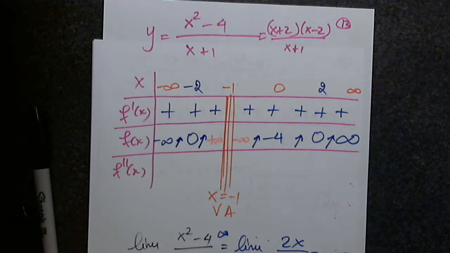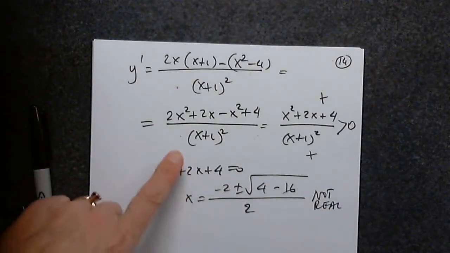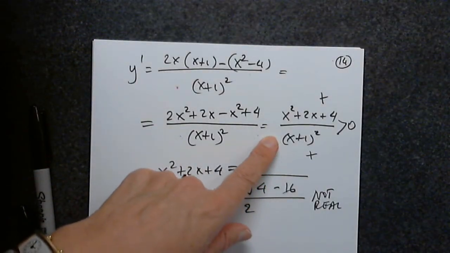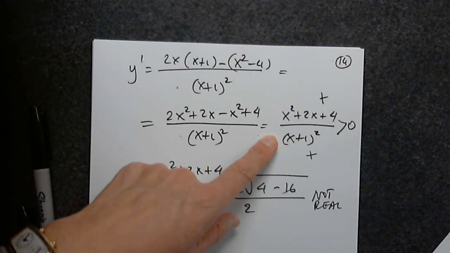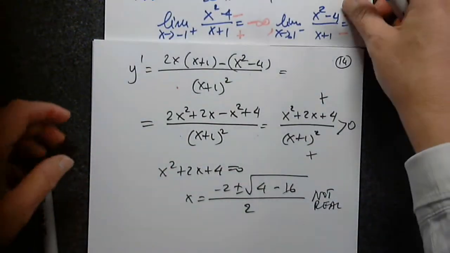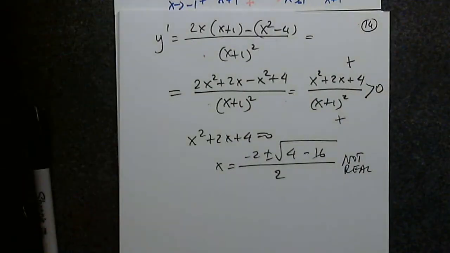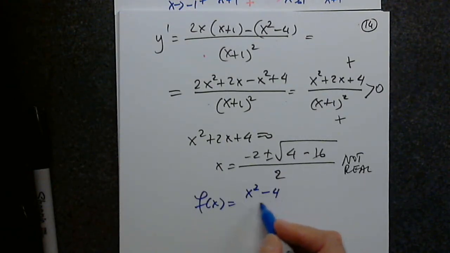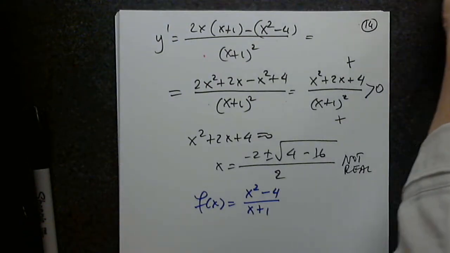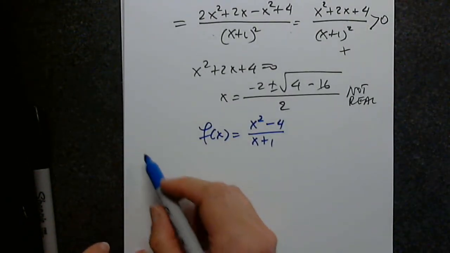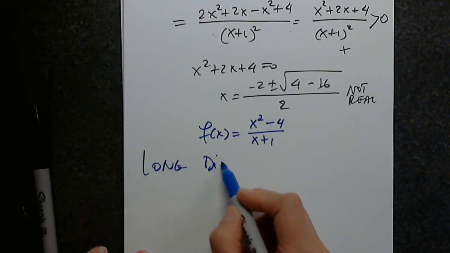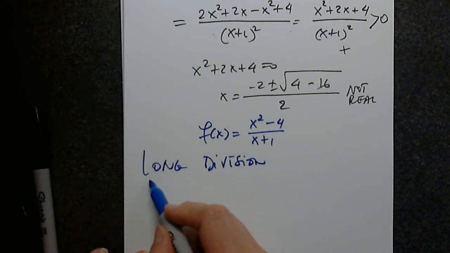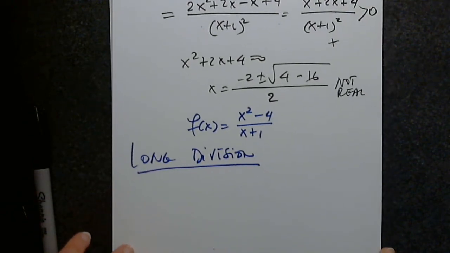Okay, before we continue with the second derivative, which is not friendly at all, I would like to talk about this slant asymptote. So the function is x squared minus 4 divided by x plus 1. We have to use long division to determine the quotient.